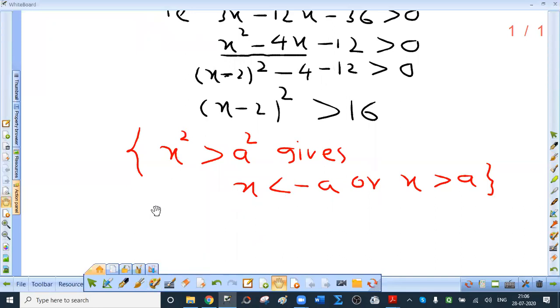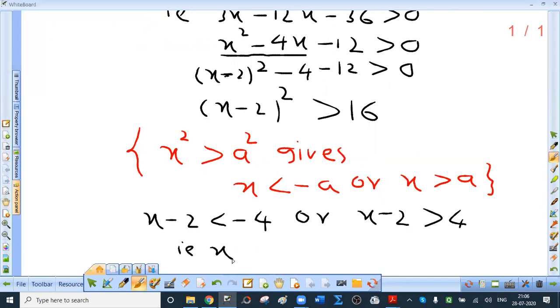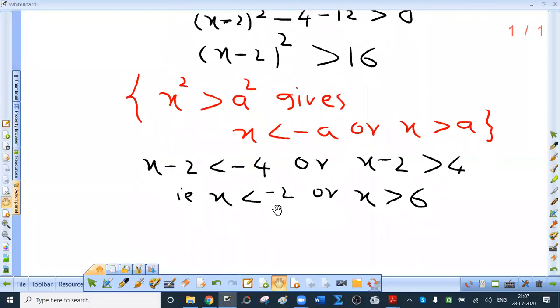The solution will be x minus 2 less than minus 4 or x minus 2 greater than 4. That is, x is less than minus 4 plus 2 is minus 2 or x is greater than 6. So for these values, the function is definitely increasing. See, I will explain how to solve inequation once again, but let me write the final answer.